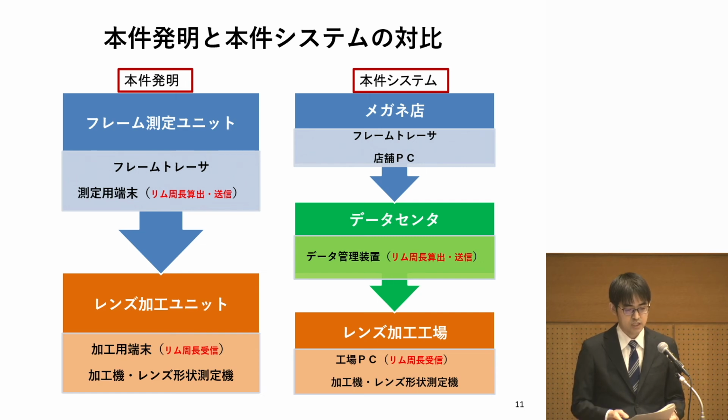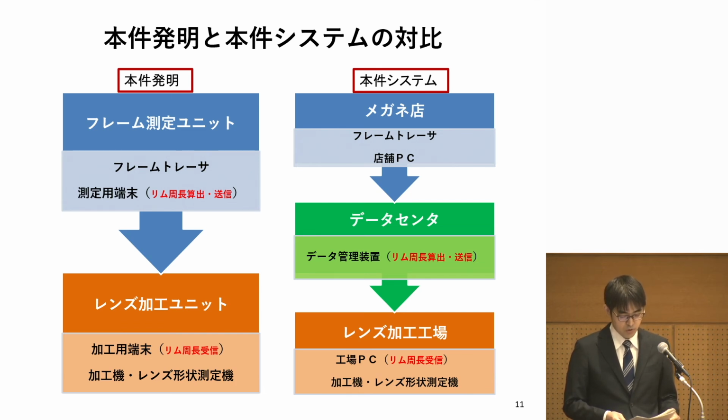Also in the invention, the rim circumference is calculated by the measurement terminal of the frame measurement unit, and the rim circumference data is transmitted from the frame measurement unit to the lens edging unit. On the other hand, in the system, the rim circumference is calculated by the data management device of the data center, and the rim circumference data is transmitted from the data center to the lens edging unit.